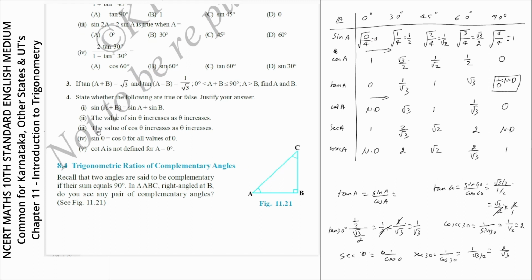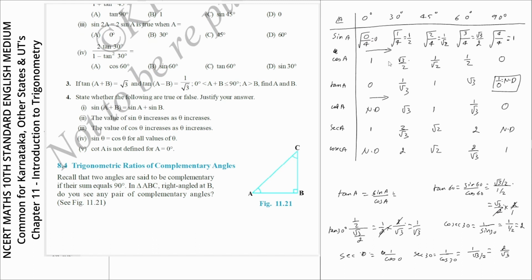Now coming to the third one, the value of cos theta increases as theta increases. Again in the chart you can see, cos 0 is 1, cos 30 is root 3 by 2, which is lesser than 1, cos 45 is 1 by root 2, lesser than root 3 by 2, and cos 60 is 1 by 2, lesser than 1 by root 2.